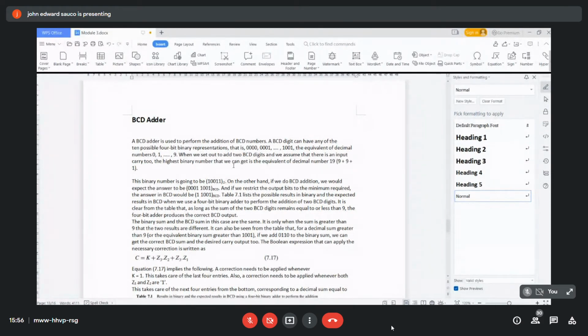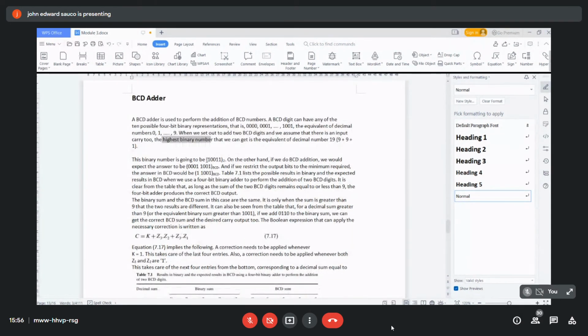So when we set out to add two BCD digits, we assume that there is an input carry too. So the highest binary number that we can get is equivalent to decimal number 19. Yun yung the highest binary number na nakukuha. So this binary number is going to be 10011. On the other hand, if we do BCD addition, we will expect the answer to be 0001 1001.